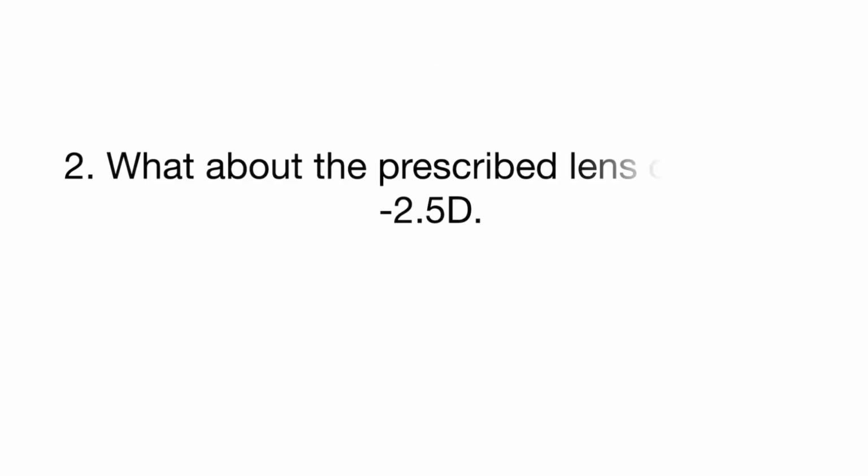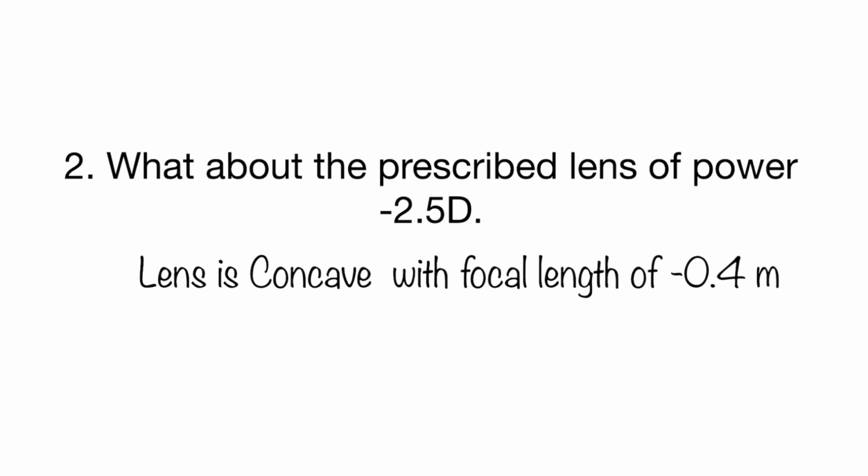So next question is, what about the prescribed lens of power minus 2.5D? Here minus sign represents that lens is diverging and a concave lens. The power 2.5 means the focal length is 1 by 2.5, which is equal to 0.4 meter, and it's negative.